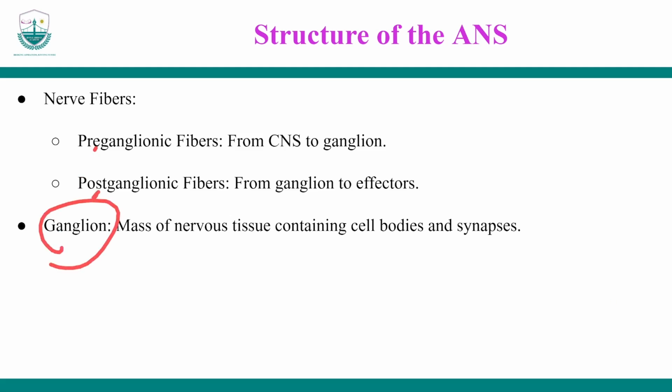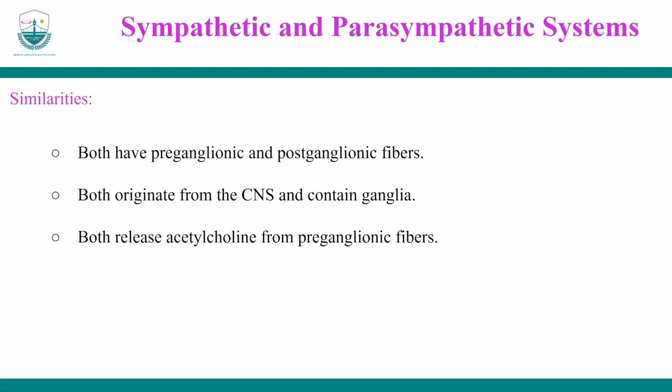And we have really defined what a ganglion is. So what are the similarities? Having looked at the differences, both the sympathetic and the parasympathetic nervous system have postganglionic and preganglionic fibers. Both also originate from the central nervous system and contain the ganglia.